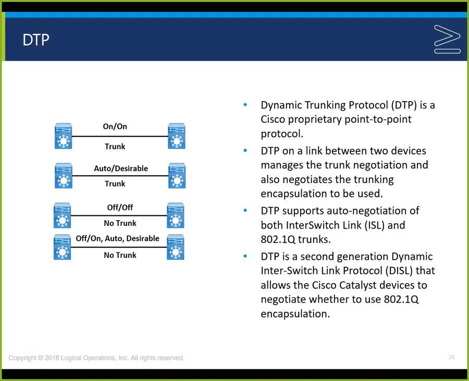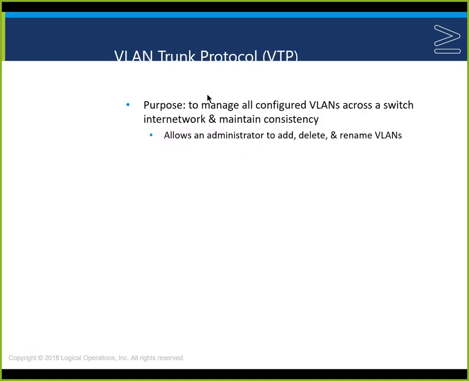If it's the only encapsulation protocol on the device, then you're not going to have to specify it. When I use Packet Tracer, if I use layer 2 switches, I don't have to do anything. I don't have to say anything. If I use a layer 3 switch, since it can have other encapsulation protocols, I have to specify the layer 2 encapsulation before I can make it a trunk port.